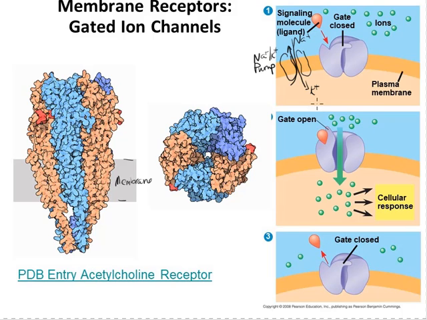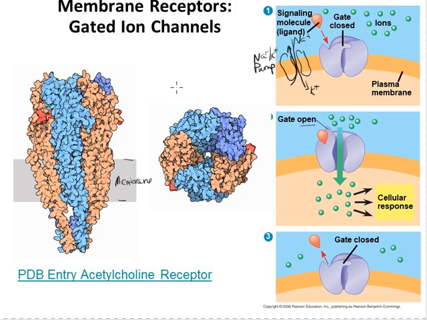In this case, the key is the signaling molecule or ligand, and what we're looking at is a ligand-gated ion channel, a channel whose gate is opened or closed in response to a chemical signal binding to the extracellular domain of the receptor. Ligand binding induces a shape change in the receptor that opens or closes the gate, represented here as this little flap.